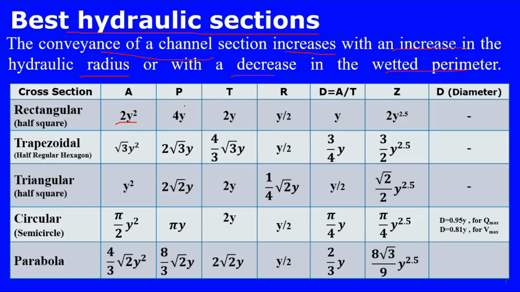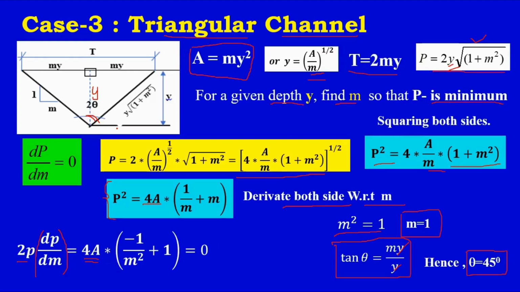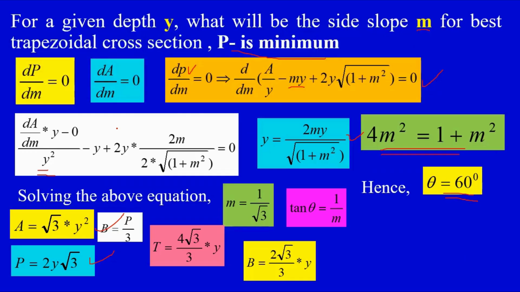So this is just a summary table. You can see the rectangular channel, area, wetted perimeter. Again, what will happen if m is not given? If m is given, or if m is not given, we have solved many calculations above.